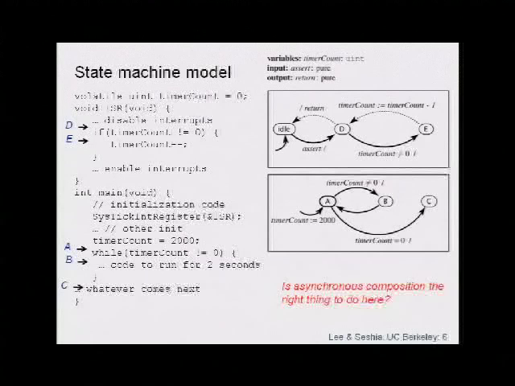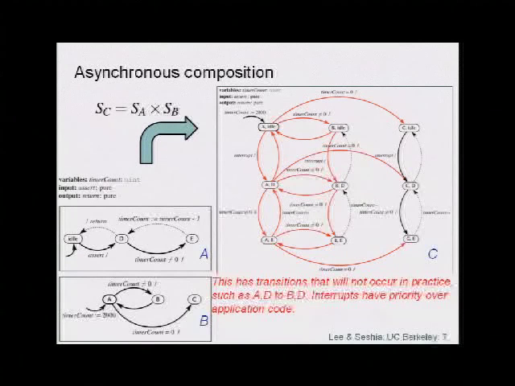Okay, so the question we had was, is asynchronous composition the right thing to do here? We can do the asynchronous composition of these two state machines, and what we'll get is the state machine on the top right.